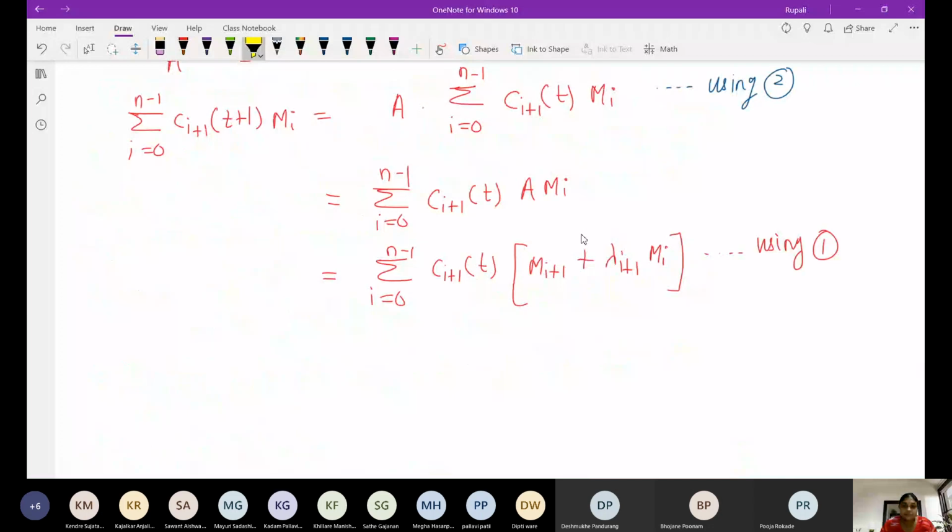Now I will simplify this, which can be written as summation i is equal to 0 to n minus 1 ci of t mi, and summation i is equal to 0 to n minus 1 ci plus 1 of t lambda i plus 1 into mi.